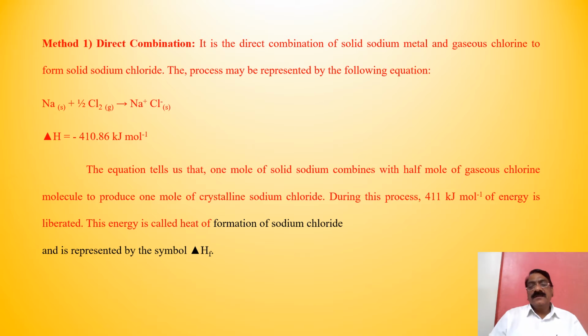During this process, 411 kilojoule per mole of energy is liberated. This energy is called the heat of formation of sodium chloride and is represented by the symbol delta HF.